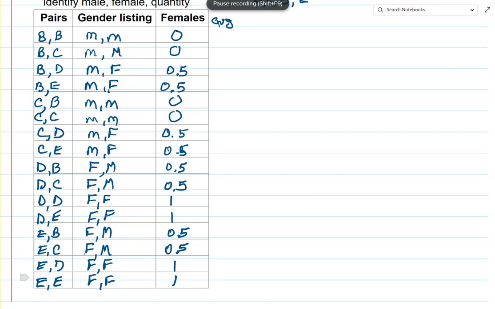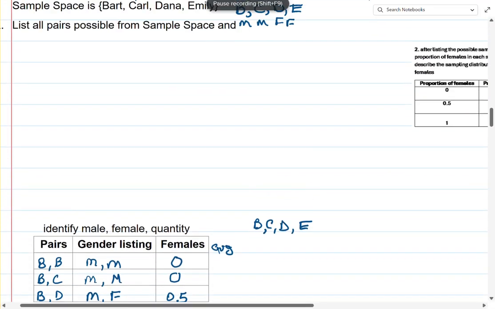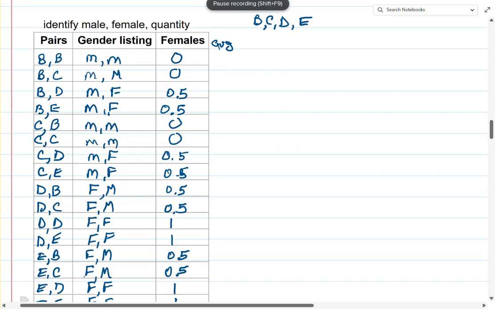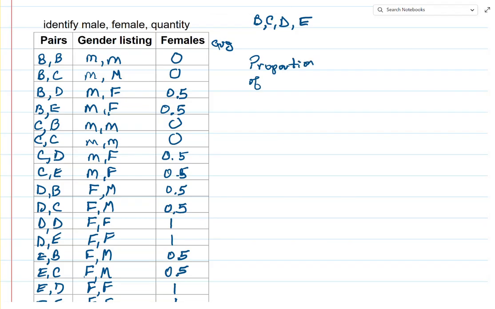Okay. And so now what we're going to do is we know now we have 3 types of proportions. And I had that way up here, but I'm going to go ahead and write it here. And on proportion of females. Some of my charts don't make it easy for me.